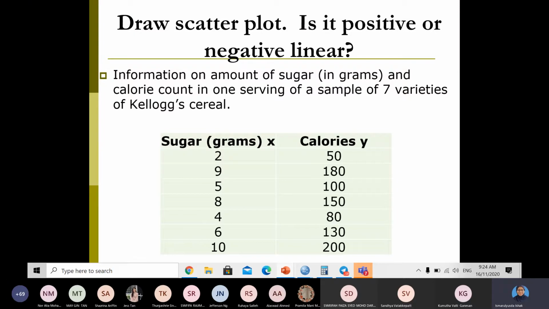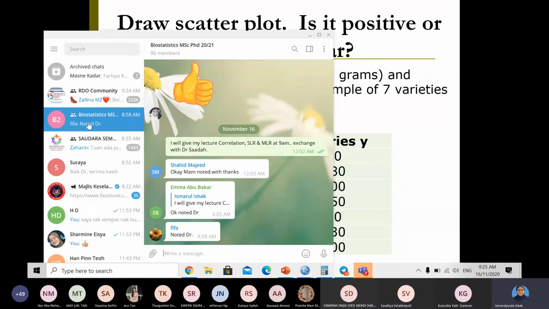Whoever has finished can take a picture and send it to Telegram. We will look at it on Telegram. Somebody sent your pictures.